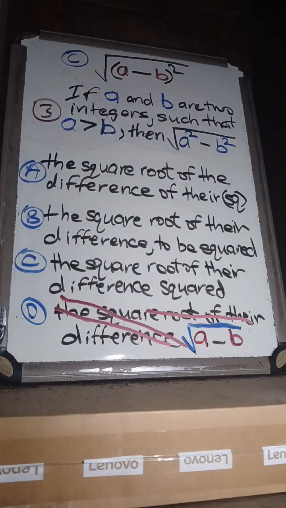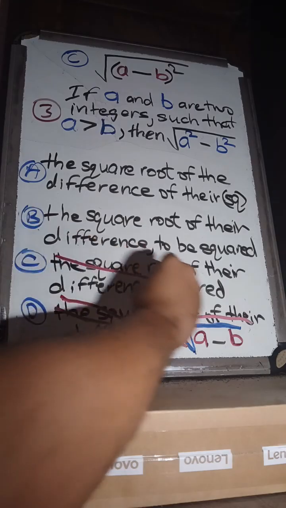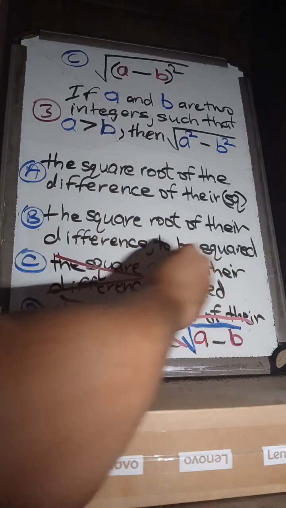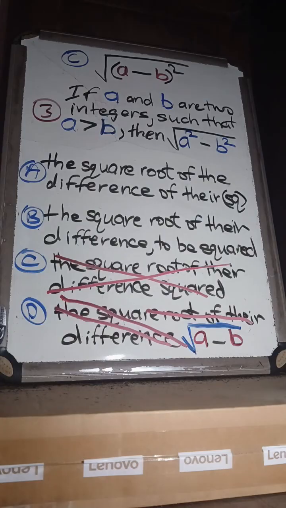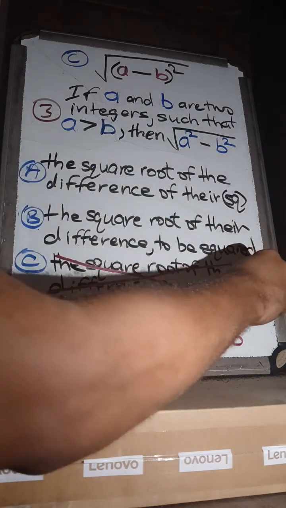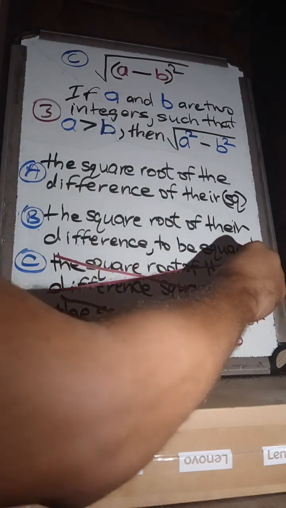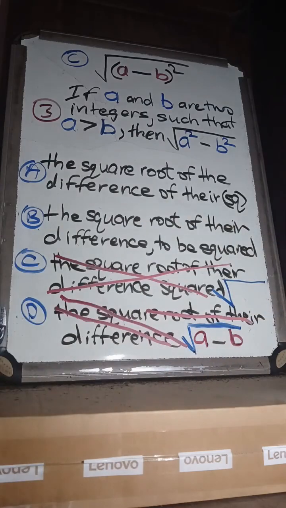So therefore, C is out as well, right? So yeah, we can't use that. Alright, so let me actually draw it right here too. Square root of their difference squared.